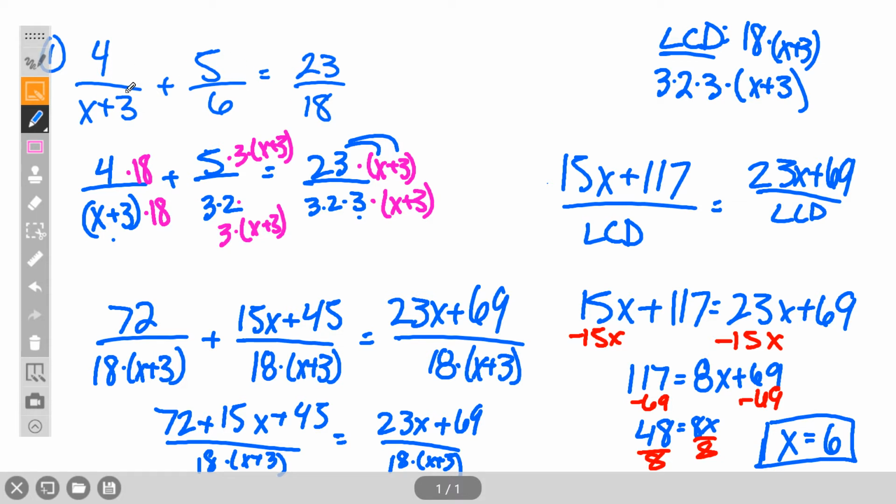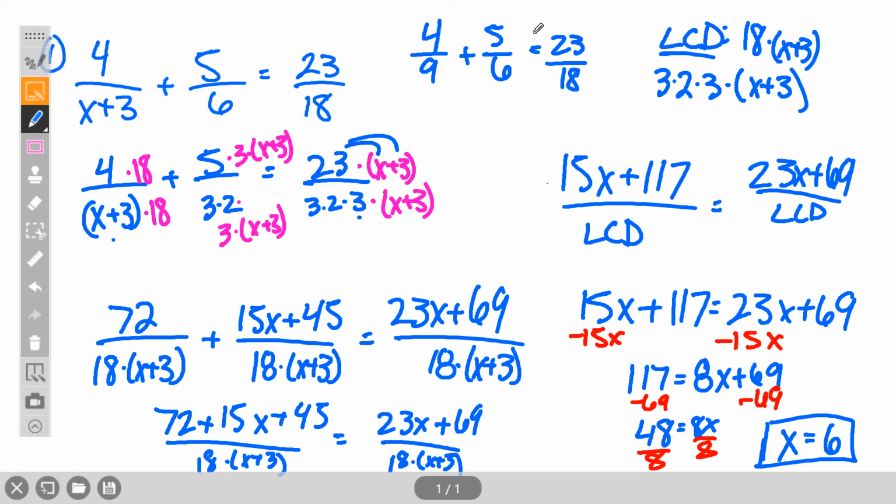4 over x plus 3 plus 5 over 6 equals 23 over 18. Our solution is 6. Now make sure that it doesn't cause any of the denominators to be 0. It doesn't cause this denominator to be 0, and these are not 0 anyway. So our solution is 6. You can very easily check that, because if you plug that in, you get 4 over 9 plus 5 over 6 equals 23 over 18.